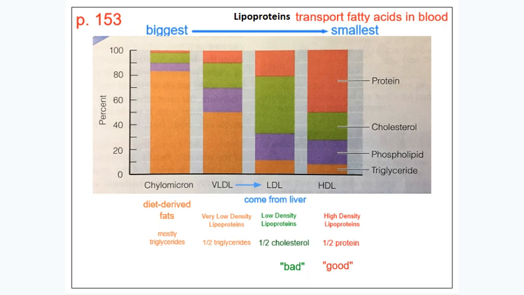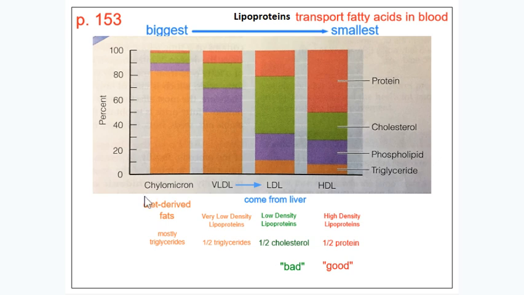It means your body is making too much and there's nowhere for it really to go. HDLs are oftentimes called good cholesterol. Even though they contain cholesterol, you want high levels of these because it means your body is bringing cholesterol back to the liver. It's being cleaned up. So you want high levels of HDL. High levels of HDL are associated with low risk of heart disease.